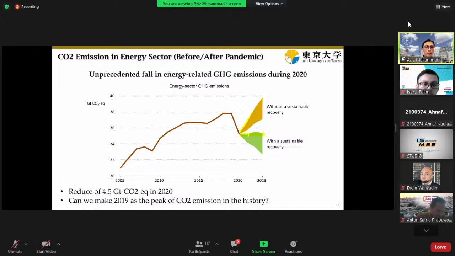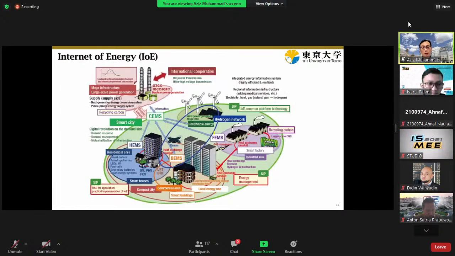And we are talking about the energy systems. As I mentioned previously, this kind of technology is basically digital transformation technology. And over the years, we have also adopted the Internet of Energy. So it means that all of the energy systems are basically connected.